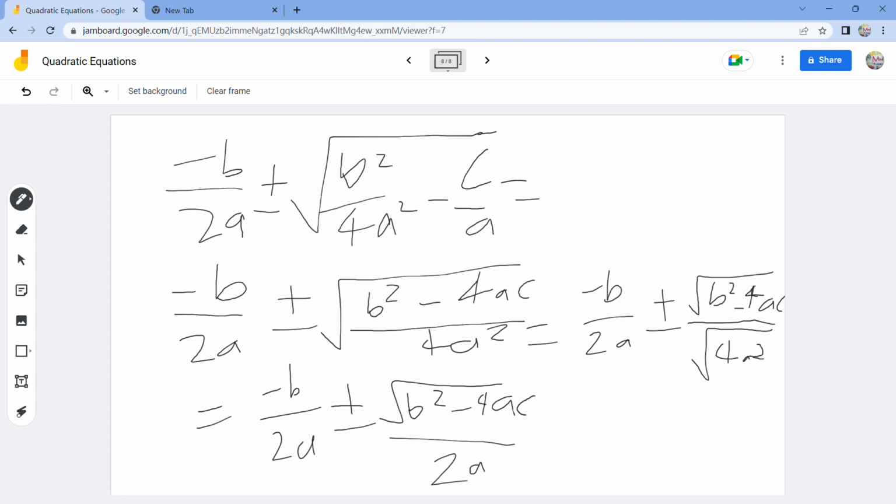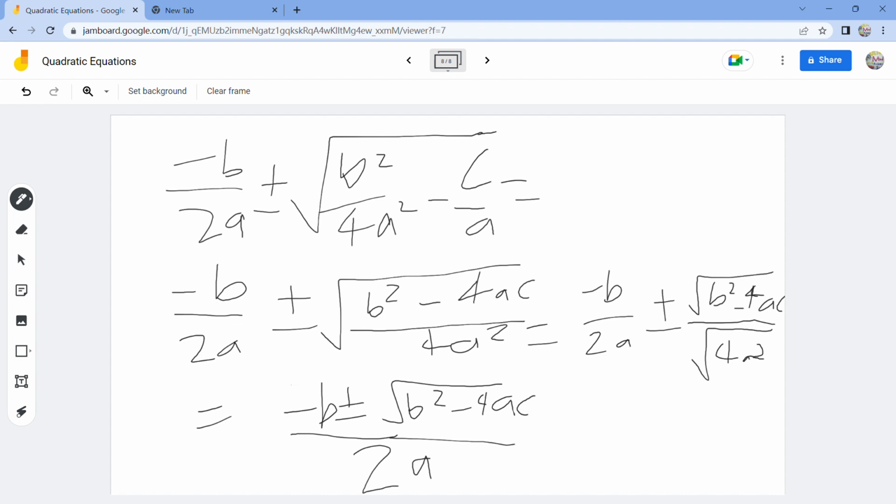So now the square root of 4a squared is 2a. So now this formula over here already looks really familiar. All we have to do now is to join up the whole equation.